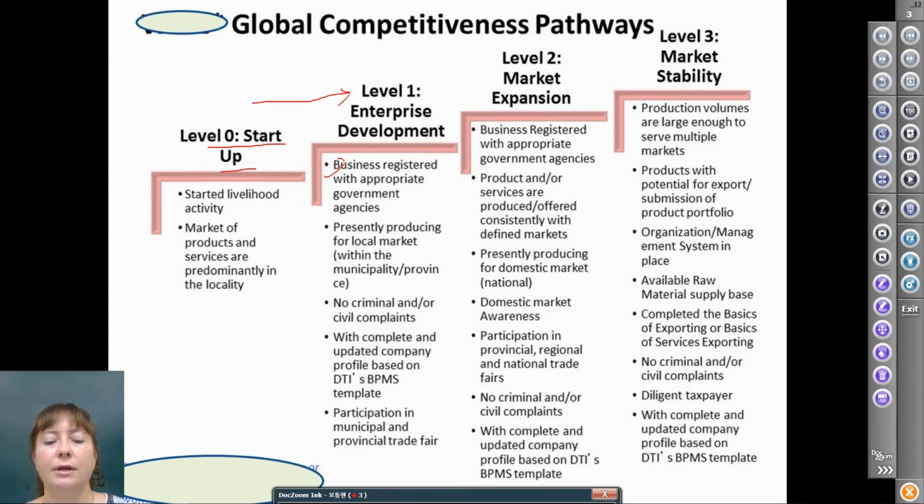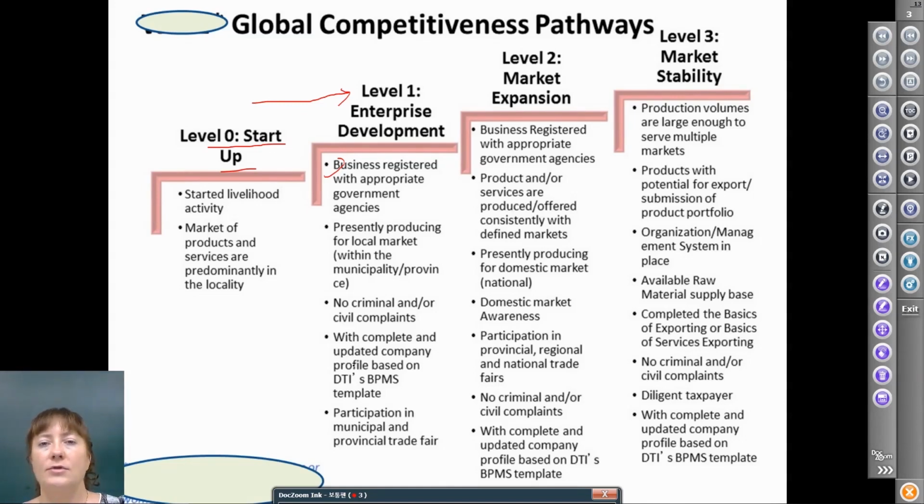We are ready to update the company profile. In this case, if we are talking about a technology project, we're ready to update some kind of project steps if it's possible. And also we are ready to participate in different trade fairs, or we are ready for partnership in the global environment.